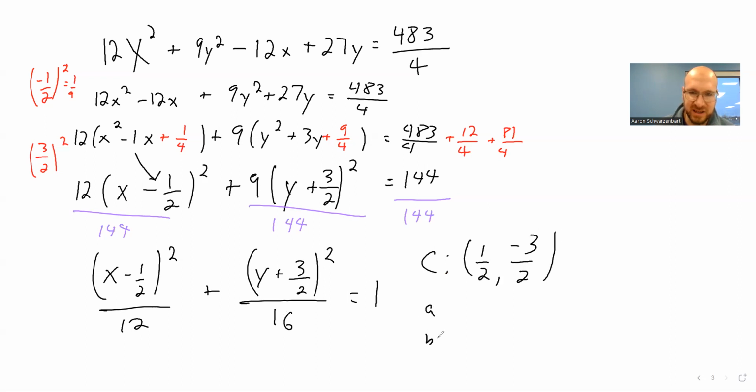I'm just going to state the a and the b here. A is always the larger one, and underneath, remember, is a squared and b squared. So there you have completing the square to put these conic sections into standard form.